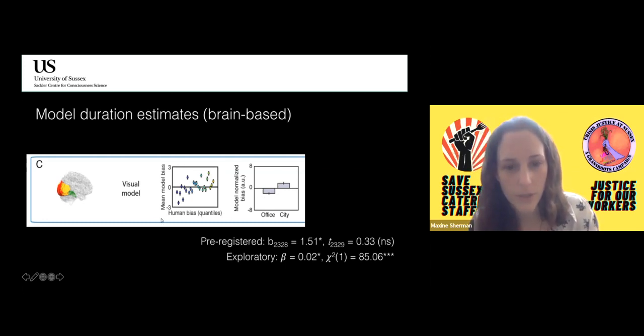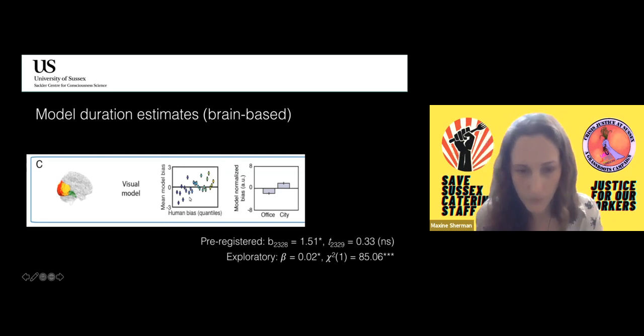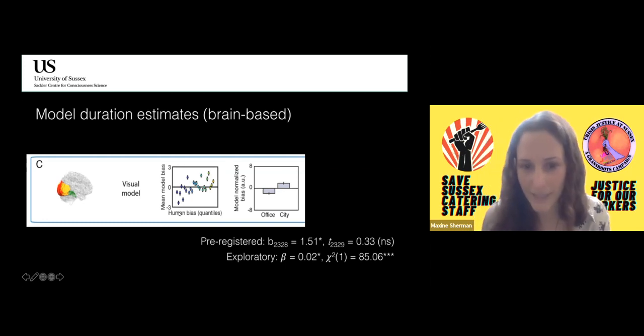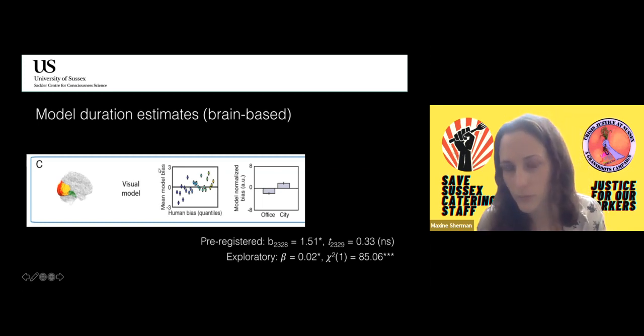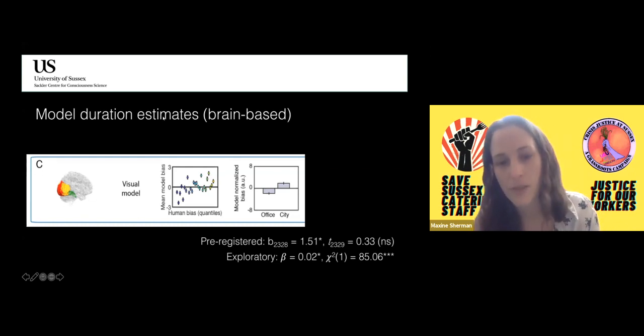And also, if you correlate trial by trial, pulling everyone together, you see a correlation between participants' reports and the reports of the model, so the visual cortex time judgments. The extent to which they are overestimating time for a video is correlated.